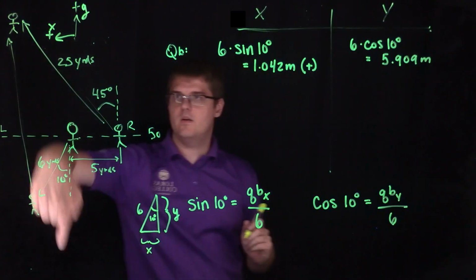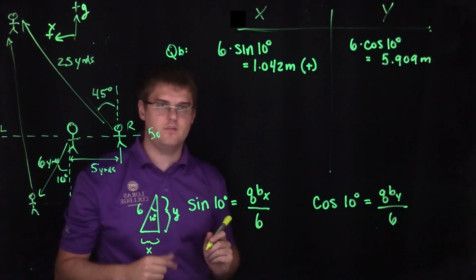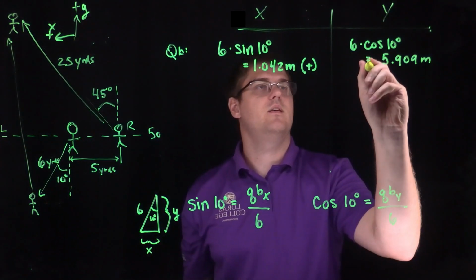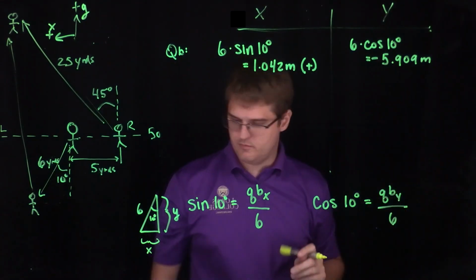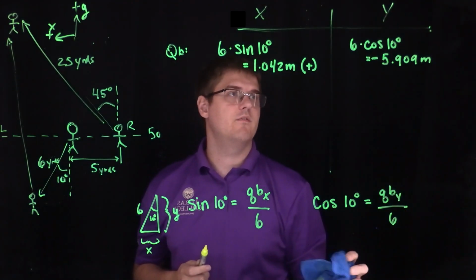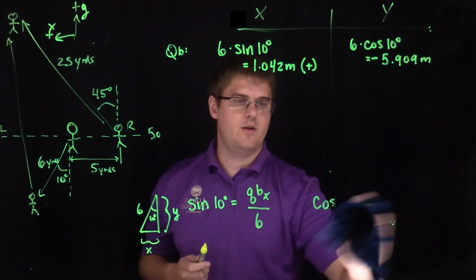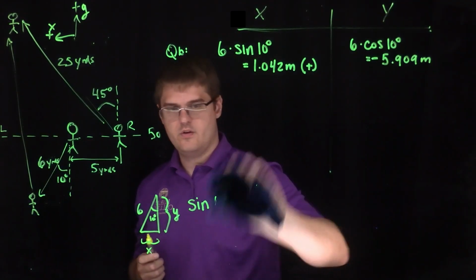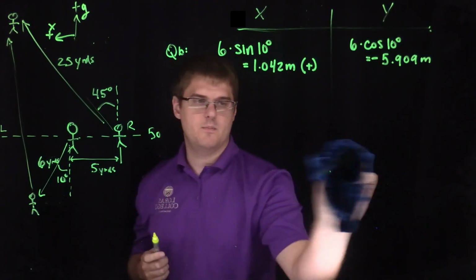And this is going backwards. We said forwards is positive. We want to go down the field. So this is a negative play. So we have negative 5.909 meters. That is our quarterback.